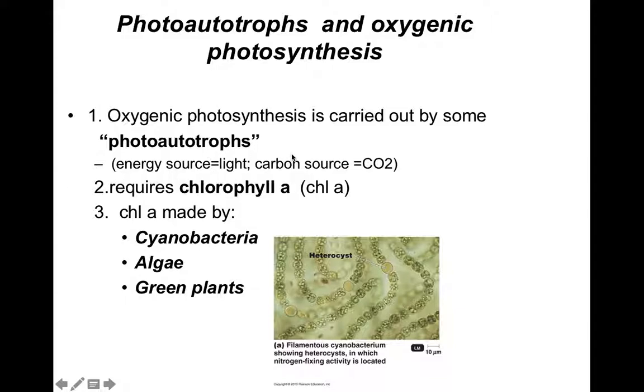If you're going to carry out oxygenic photosynthesis, you require the beautiful green photosynthetic pigment chlorophyll A. Chlorophyll A is made by cyanobacteria, like Nostoc that we looked at in our lab, algae, and green plants. Remember, cyanobacteria are bacteria, so they don't have chloroplasts, but they do have chlorophyll A. Algae and green plants are eukaryotes, so they have chloroplasts. And we want to remember the chloroplasts evolved from primitive endosymbiotic cyanobacteria.